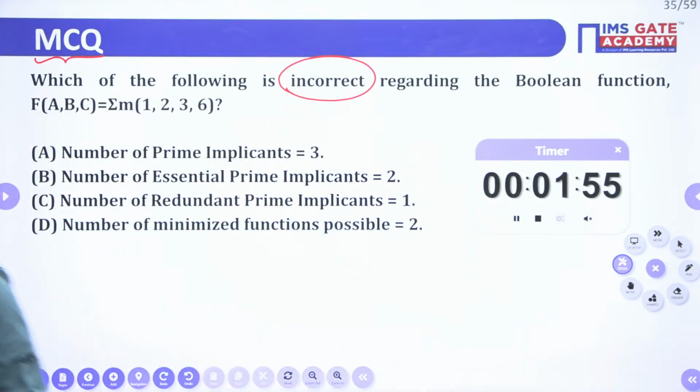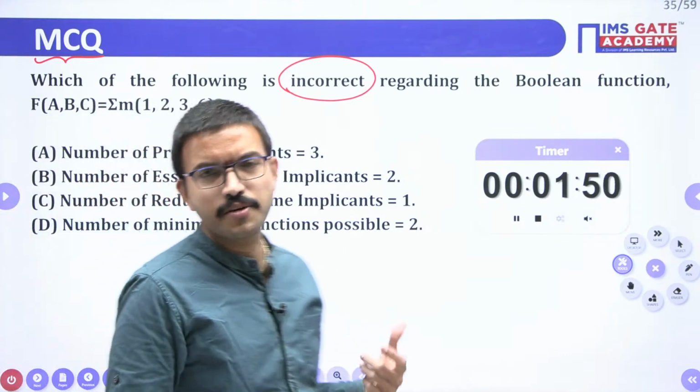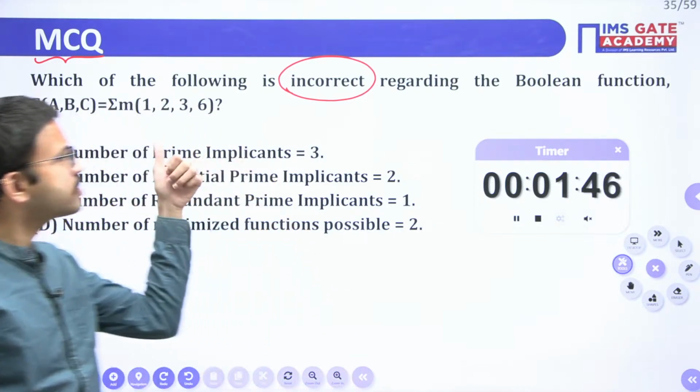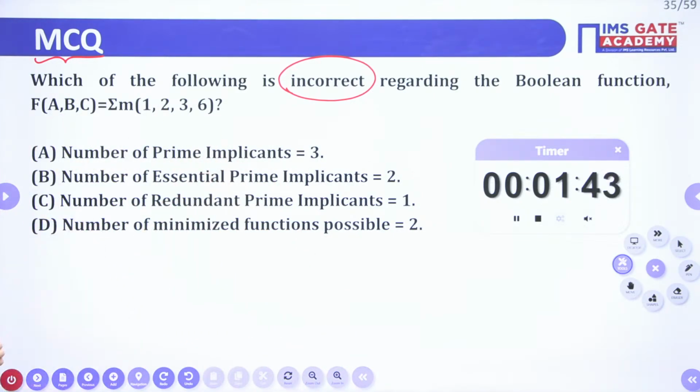Based on the context, the answer will vary. Okay. So all of you read the question carefully. Sometimes they will ask correct or equivalent. Sometimes they will ask incorrect or not equivalent. So according to the question sentence framing, you have to answer.